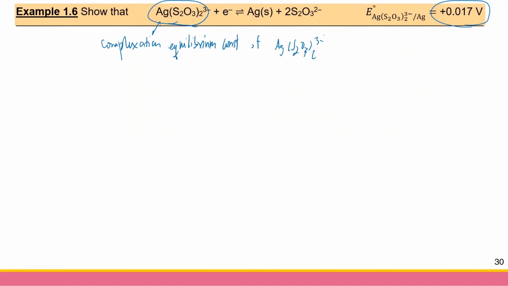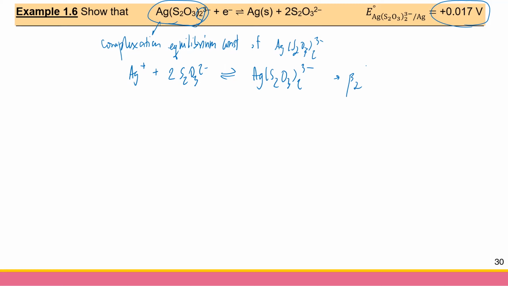The reaction is silver plus 2 thiosulfate, because you have 2 here, and you get this complex. Everything is aqueous, so you don't need to put the state labels here. So the complex formation equilibrium constant, or the beta, actually beta 2.